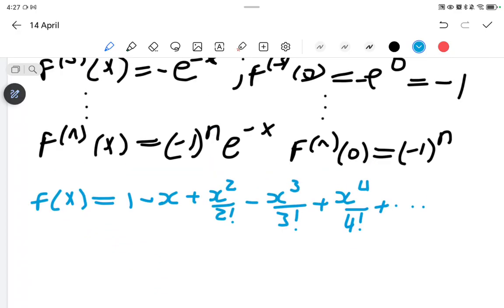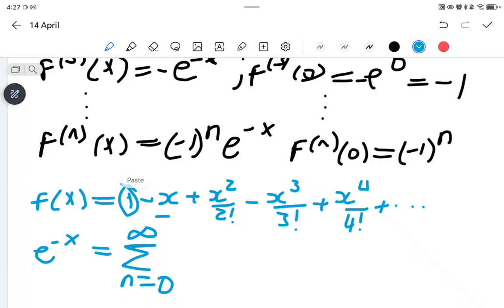So it means that we know this will be equal to, you know, e to the minus x, the summation from n equals 0 to infinity. We know that once this is alternating, right? Let's say you didn't know this. Let's say this is alternating and this starts from positive 1. Already we know if it's alternating, we need minus 1 inside. So on the top, if this starts from 0 and this is 1, it's positive, right?